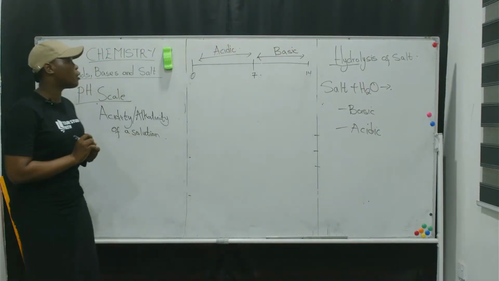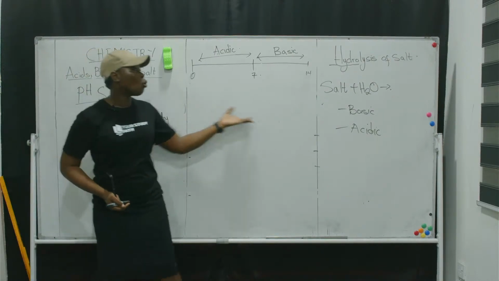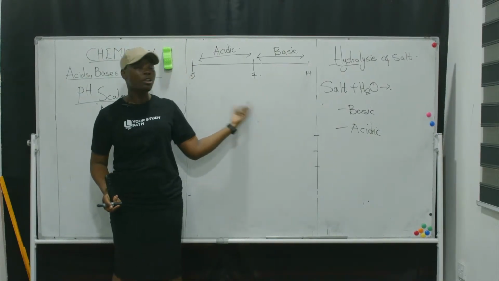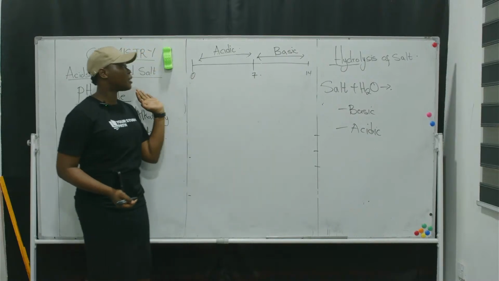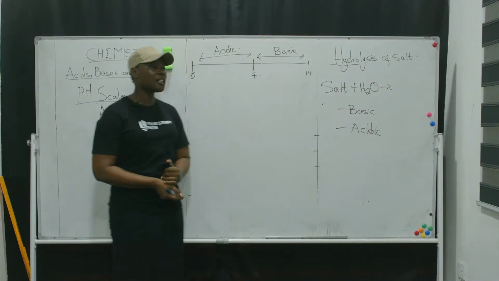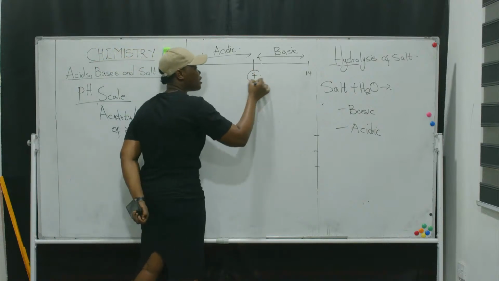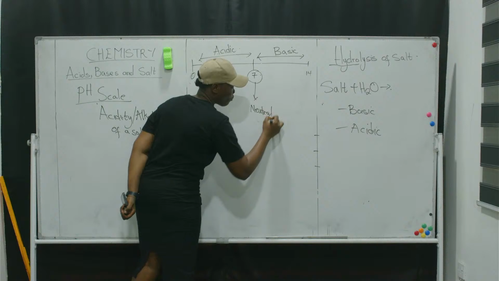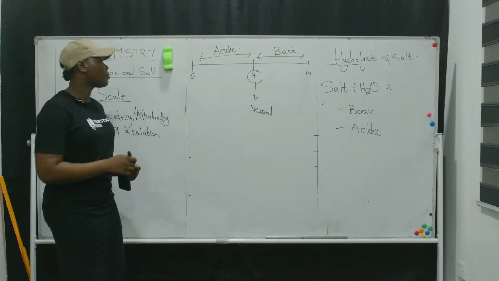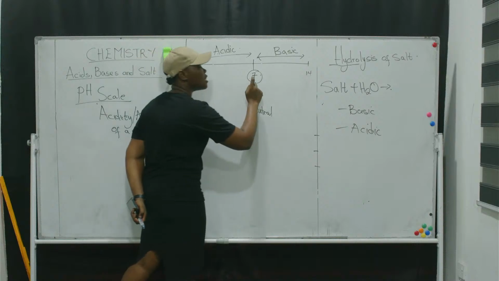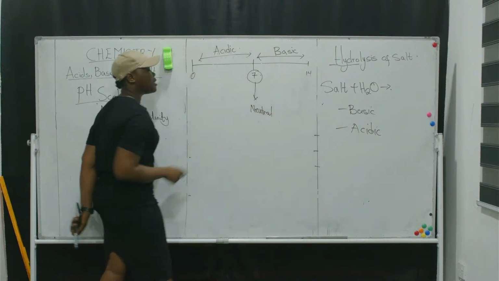And so 7 downward is acidic, 7 upward is basic. 7 is neutral, 0 to 7 is acidic, 7 to 14 is basic.